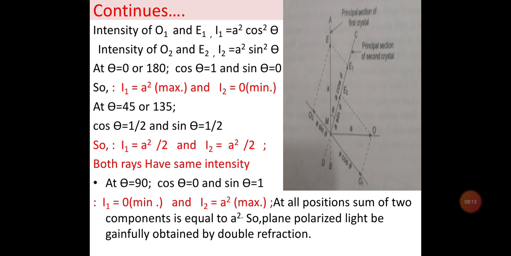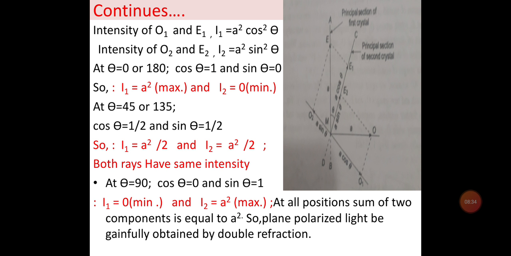Right, we will discuss the special cases. That is, what will happen when theta is equal to 0 or 180 degrees. At that time, cos theta will be equal to 1 and sin theta will be equal to 0. So in this case, your I1 will be maximum, equal to A square, and I2 will be equal to 0, that is minimum.